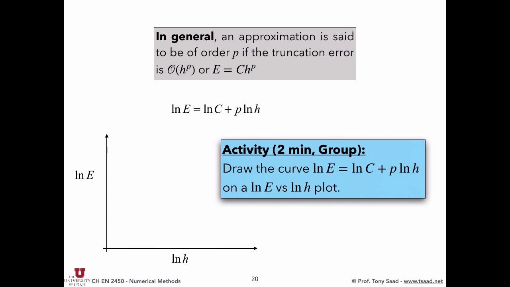Think about it. I'm confusing you with the nomenclature here. Step back and look at the equation. You're plotting log e versus log h. What if you name log e something and log h something else? What is this equation? What if you call log e y and call log h x?